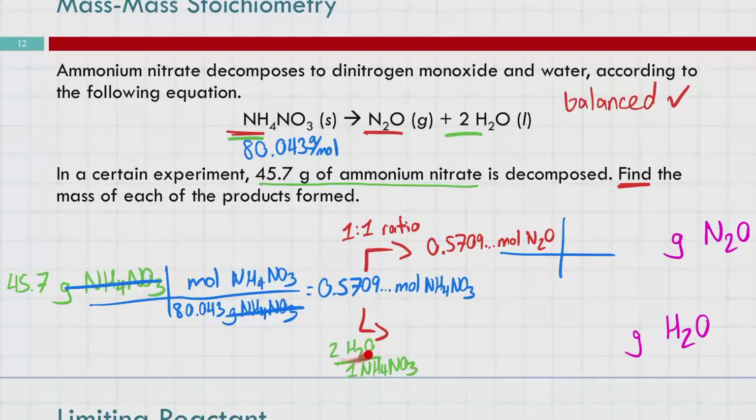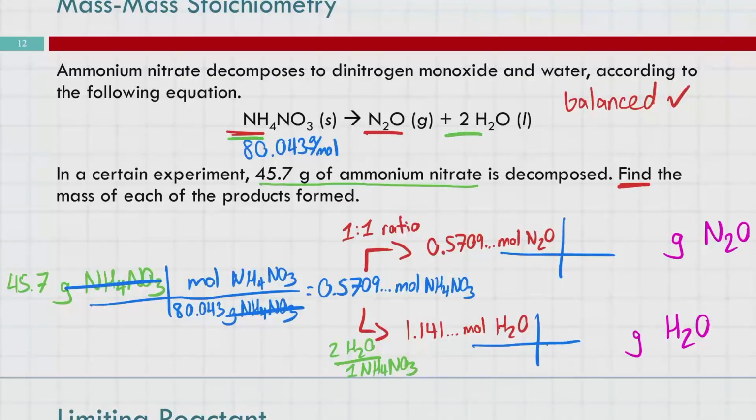So we're going to be multiplying by 2. We put the NH4NO3 part on the bottom so it cancels, the H2O part on the top. So we just do times 2. 1.141... moles H2O.